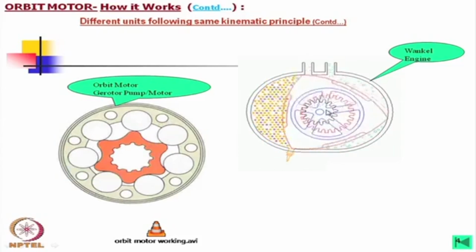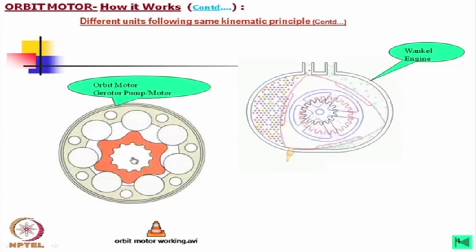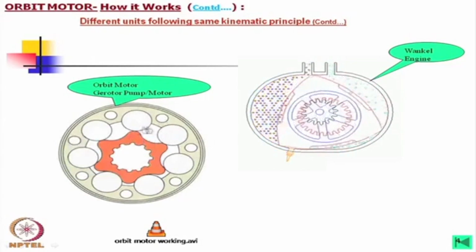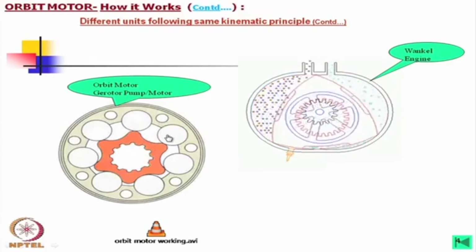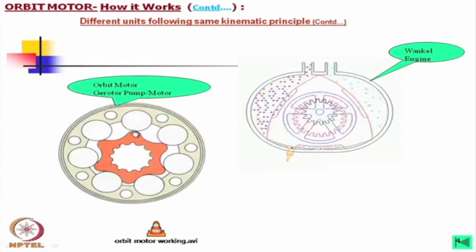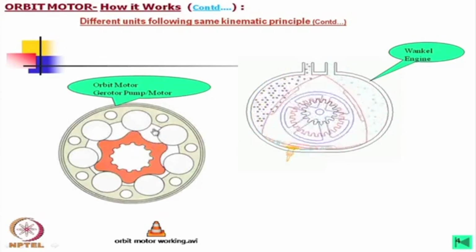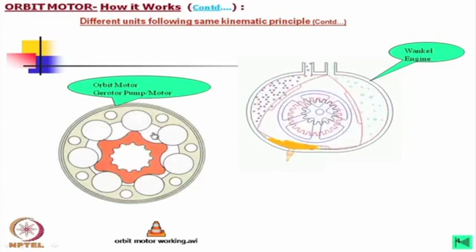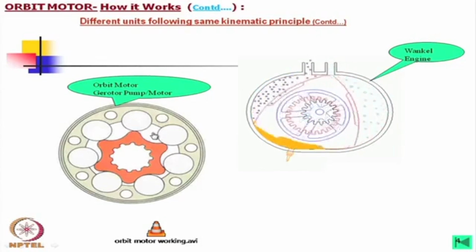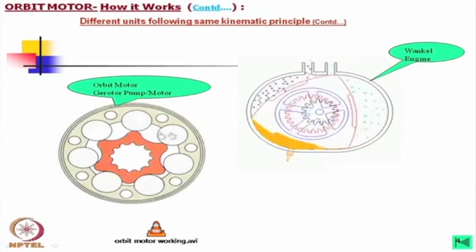Now, if we compare with this Wankel engine, a similar motion is possible here also, and we will find that the chamber between these 2 contacts and the space goes through compression and expansion. So, this also can be used as an engine or maybe a motor.